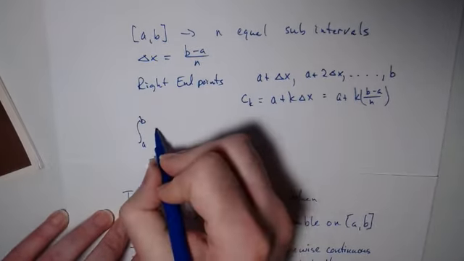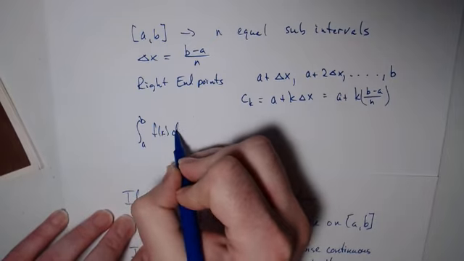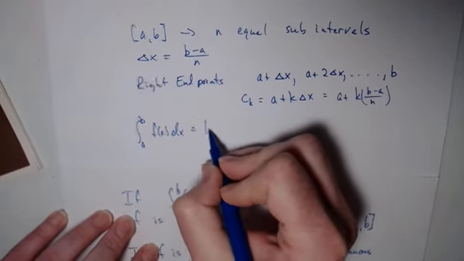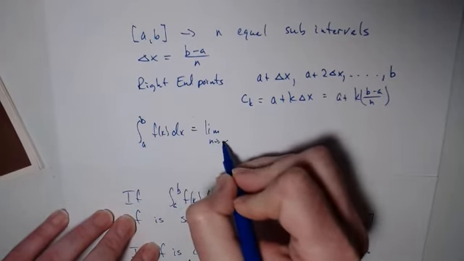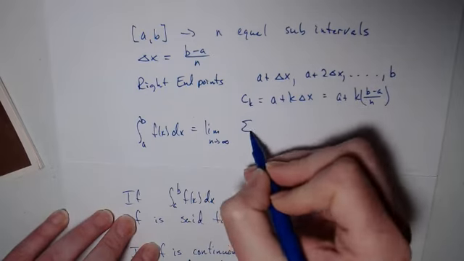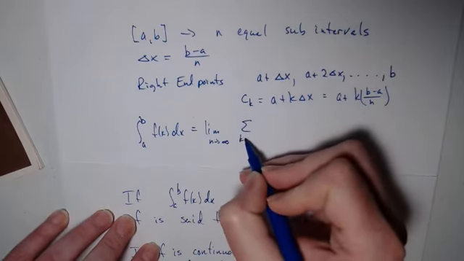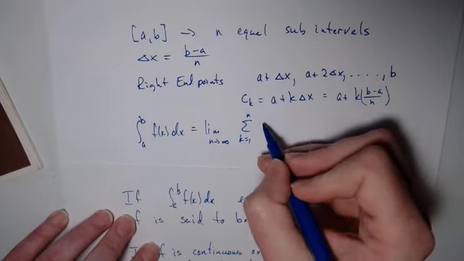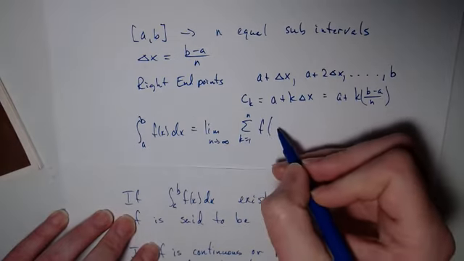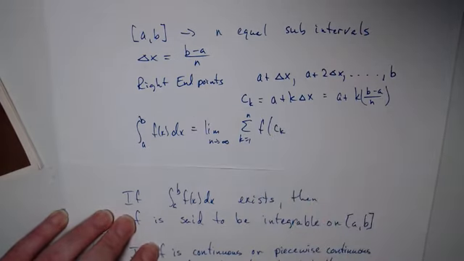So long as this limit exists, the integral from a to b of f of x dx will be equal to the limit as n goes to infinity of the sum k goes from 1 to n of f with ck plugged in, times delta x. I'm going to write this both ways here.